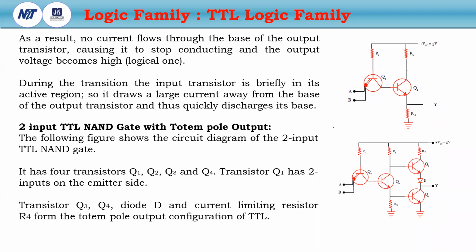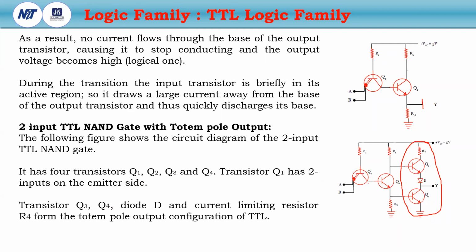First, I want to describe the two-input TTL NAND gate with the totem pole output. This is the totem pole output configuration. At this output, this configuration will be attached. Here are the four transistors Q1, Q2, Q3 and Q4.